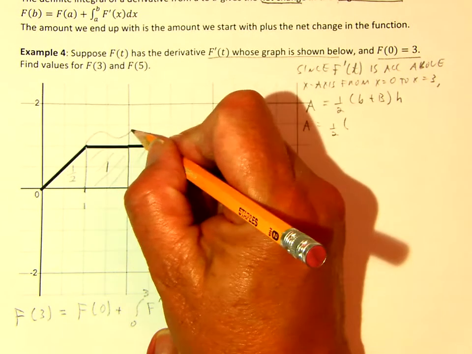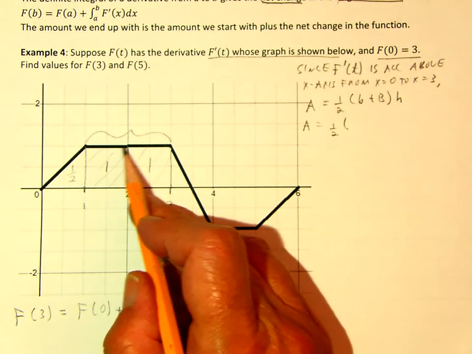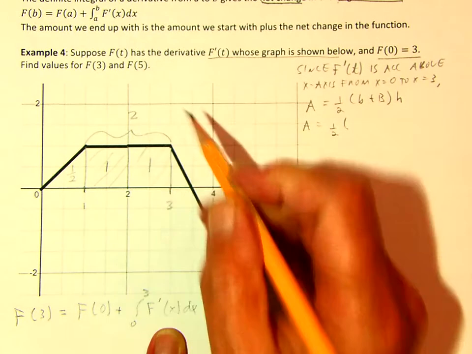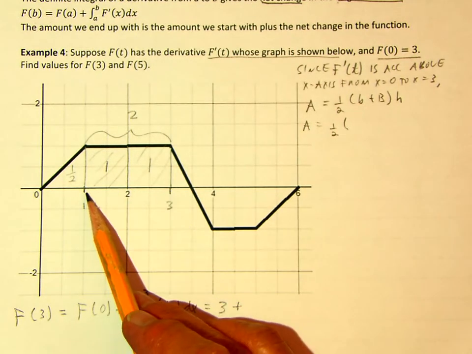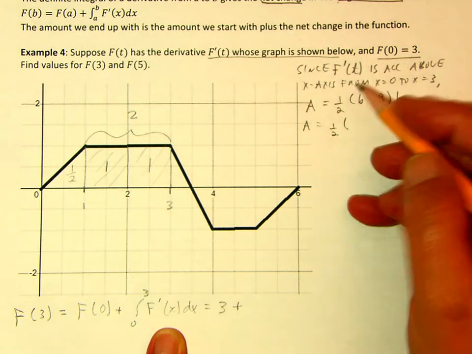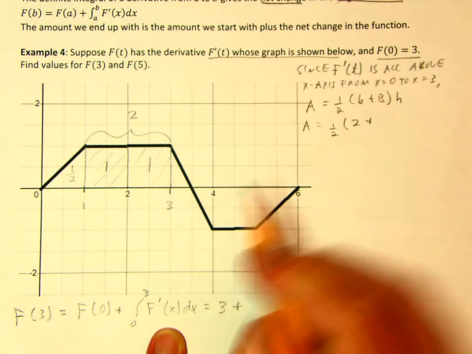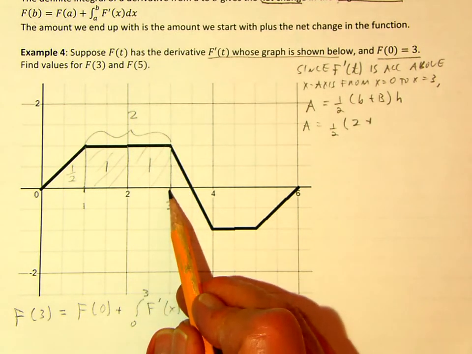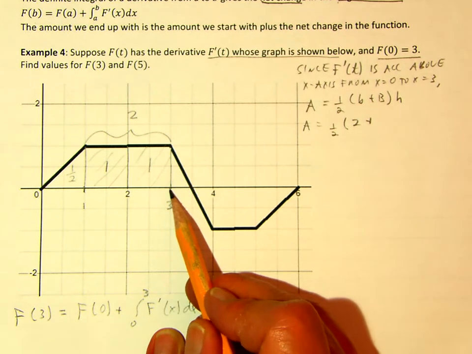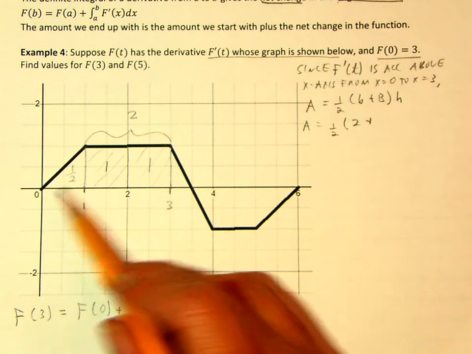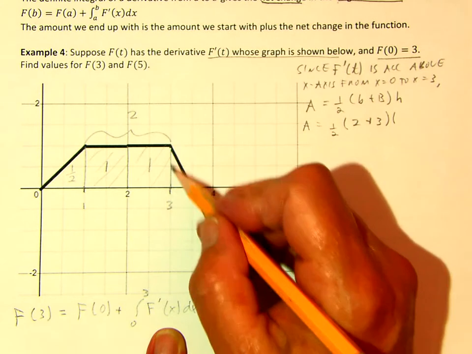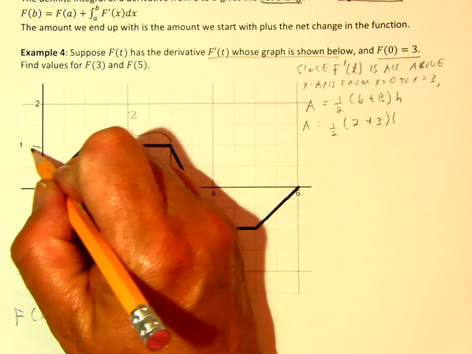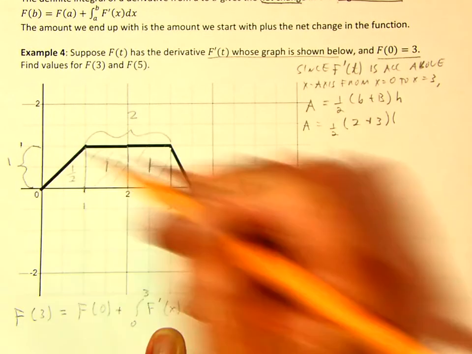So here's my little base, 1. You can also see 3 minus 1 would be 2, plus the big base of this trapezoid here is 3 minus 0, so 3, times the height, and the height here is 1.